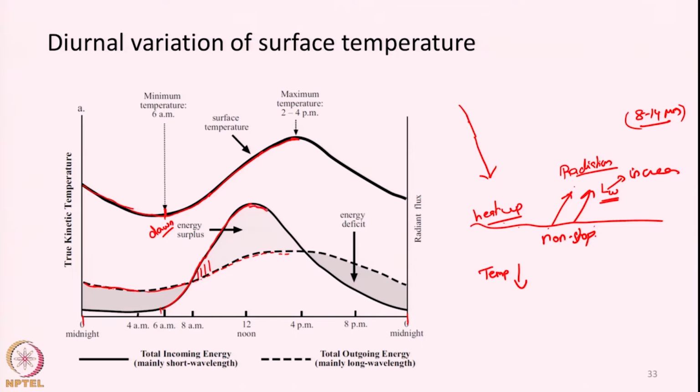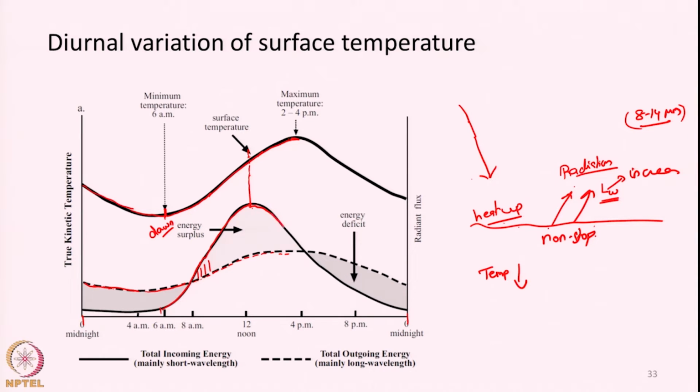You can observe there is a time lag between where the energy is peaking and where the maximum temperature is attained, because the earth needs some time to absorb this energy and increase its temperature. There is always a lag between the peak energy supply and the peak temperature. So during daytime, the external heat energy from the sun increases the temperature of earth surface features.